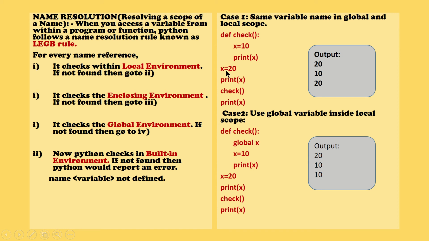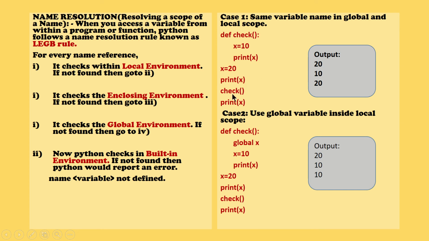First the function header will be executed. After that it will come to the statement x is equal to 20. Now x is defined and its value is 20. While executing print x, the value of x is 20, so 20 will be printed.